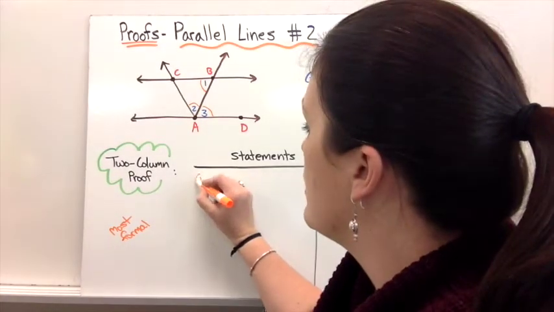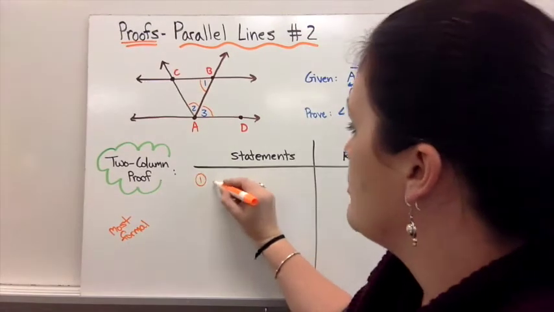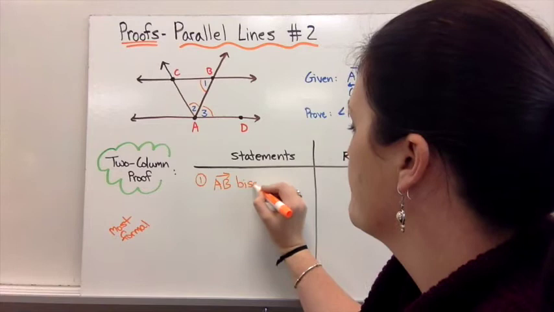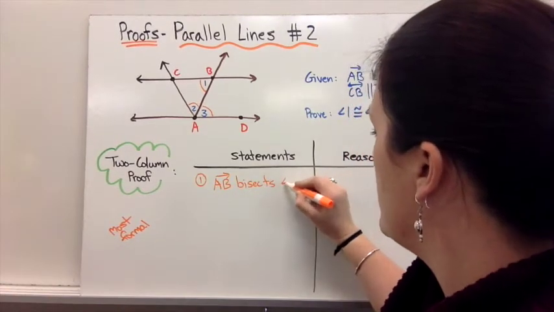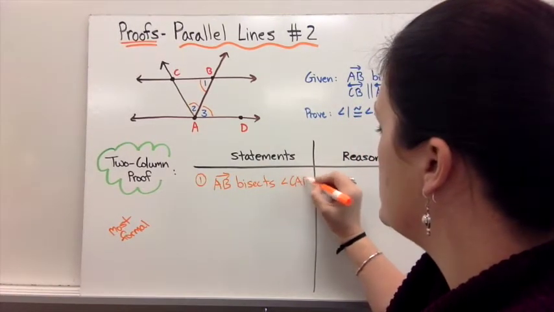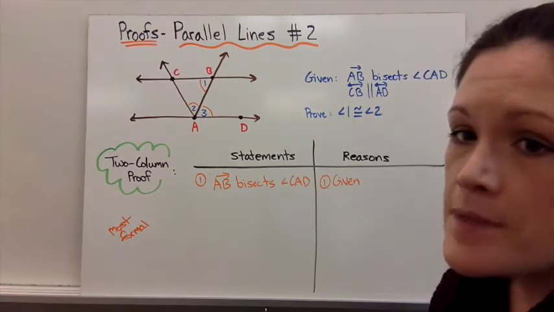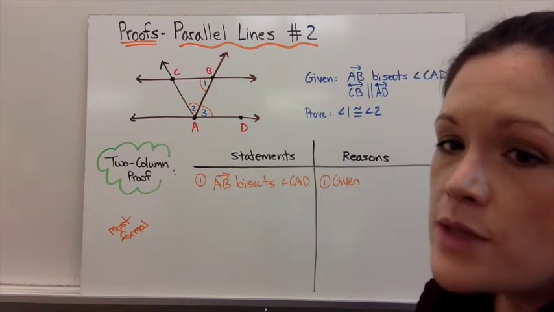So for number 1, I'm going to put that first given statement, ray AB bisects angle CAD, and my reason, of course, is that it was just given to me. Then the next thing is what that told me.